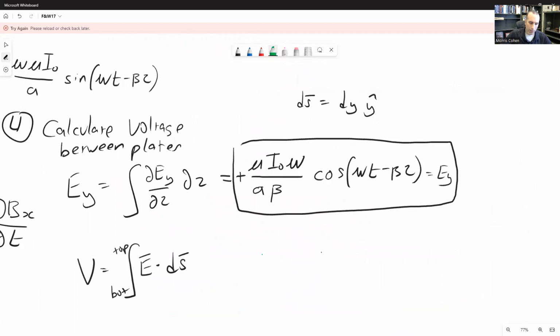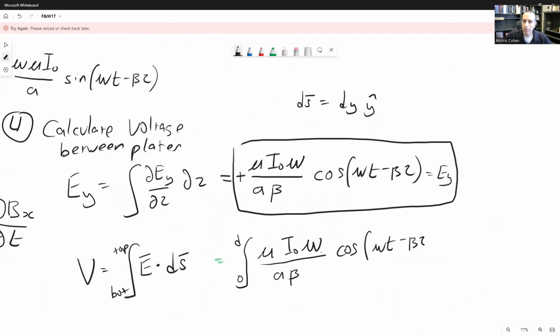All right, if we substitute all that in, this dot product will only pick out the y component of E. So this is going to be the integral from 0 to d of mu times I0 times omega divided by A beta times cosine of omega t minus beta z dy.